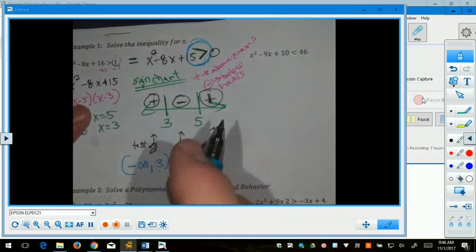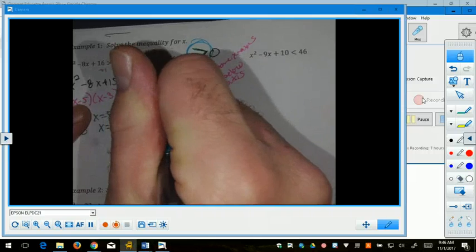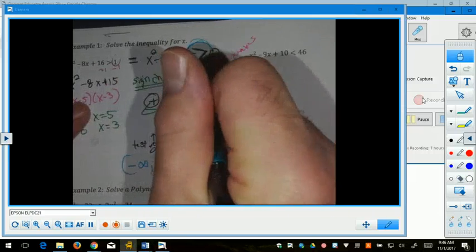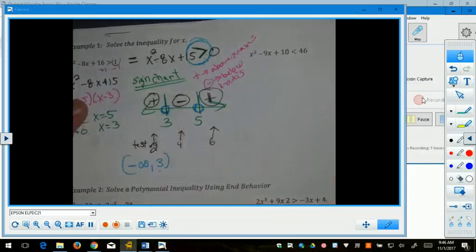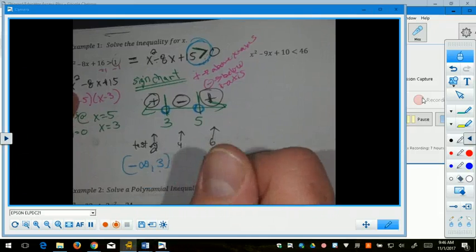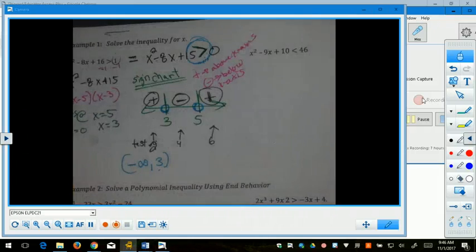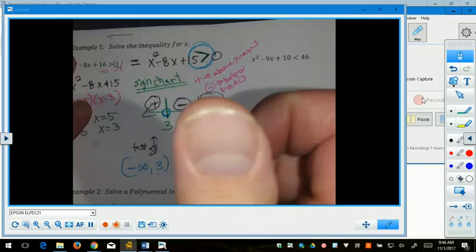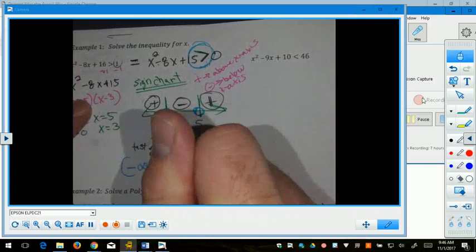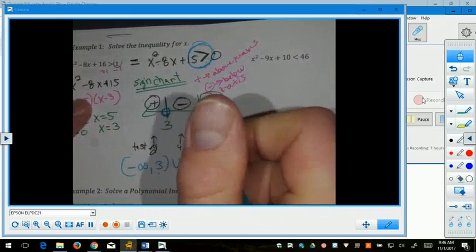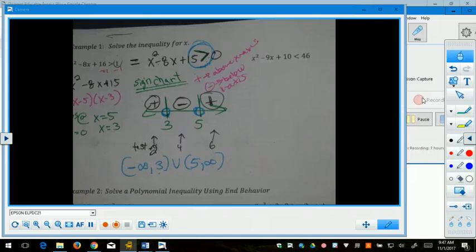I don't want to include the 0. I had some students who will even put an open circle there because they know that it doesn't have equality. It's a visual way for them to see that it's not going to include those. And then it's also positive, or above the x-axis, for anything to the right of 5, but not including 5 because 5 is a 0.